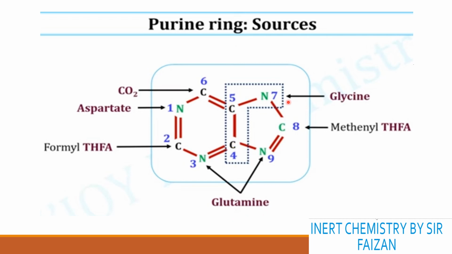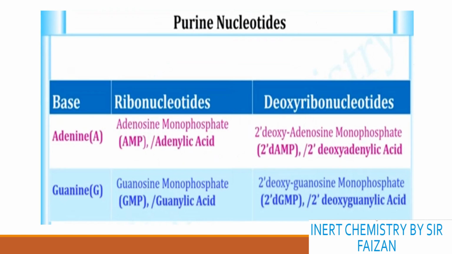Carbon 4, 5 and 7 are contributed by glycine. Glycine is an amino acid and these three elements, two carbons and a nitrogen, are contributed by glycine. While carbon 6 comes directly from respiratory carbon dioxide.